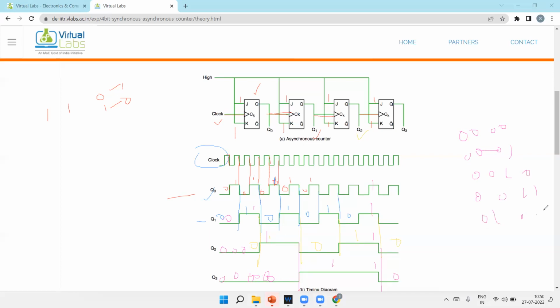And if we check the last one, it is 1 1 1 1, which is 15. You will get a table like this. It will count from 0 to 15 because it's a 4-bit counter.